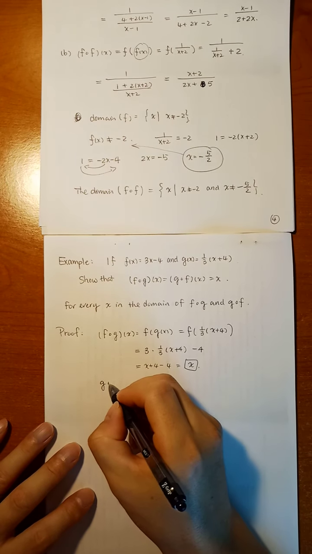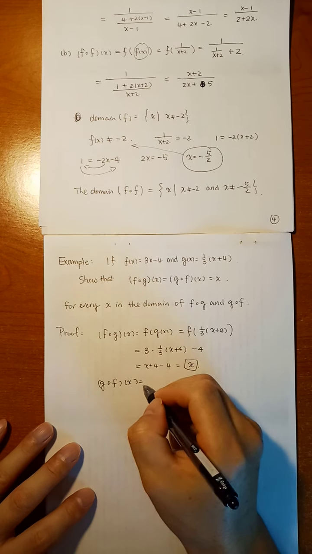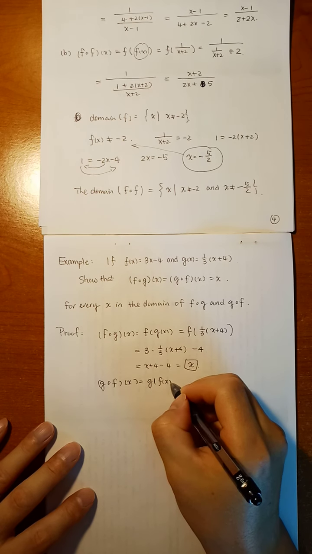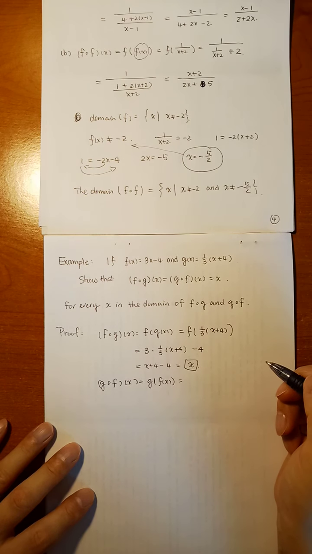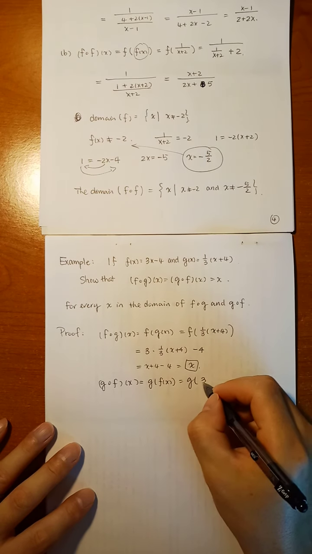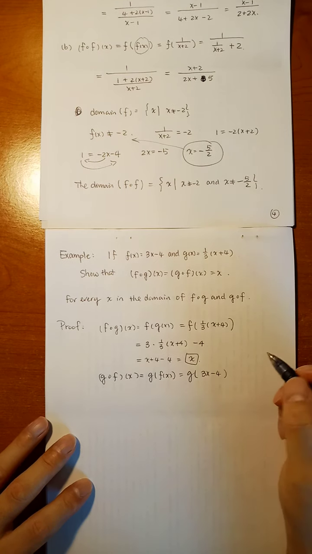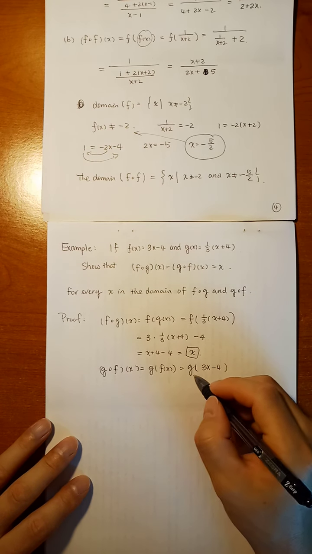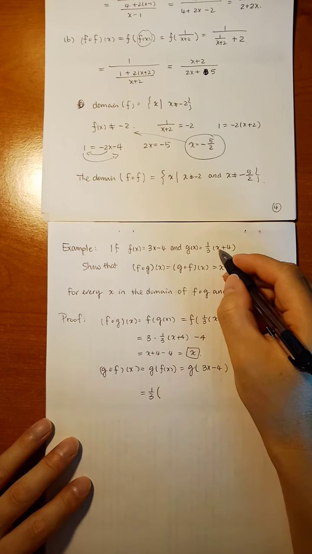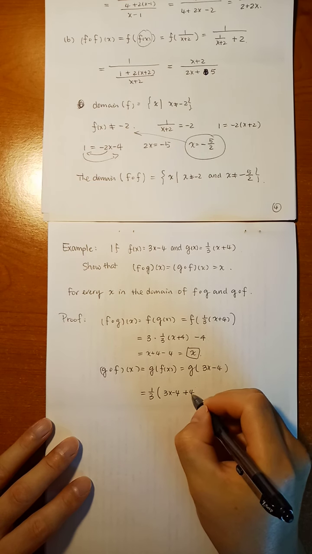And let's see another direction. g composed with f of x. It is g of f of x. Here's f(x), 3x minus 4. g of 3x minus 4. g(x) is here. So it's 1 over 3 times, whenever you have x, you write 3x minus 4 and then plus 4.